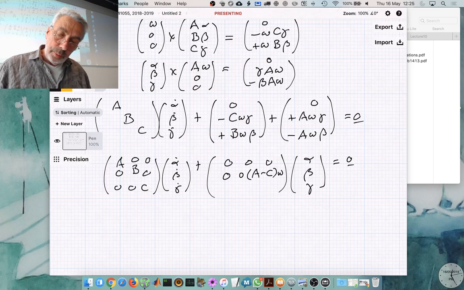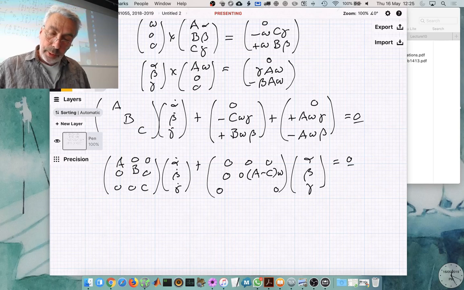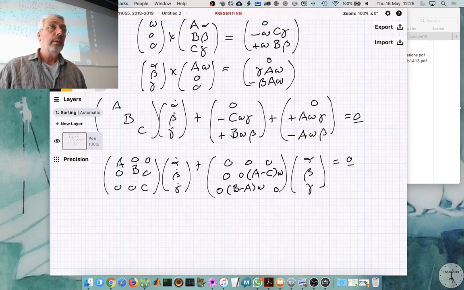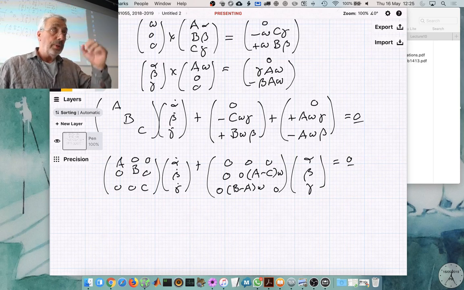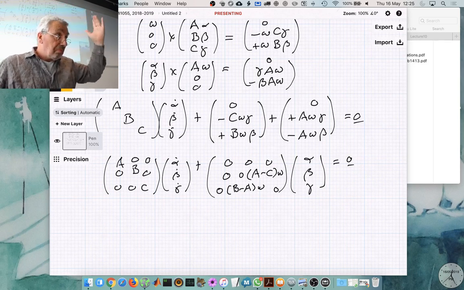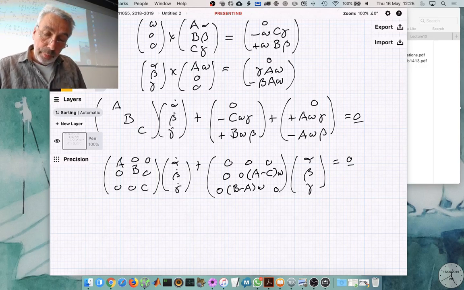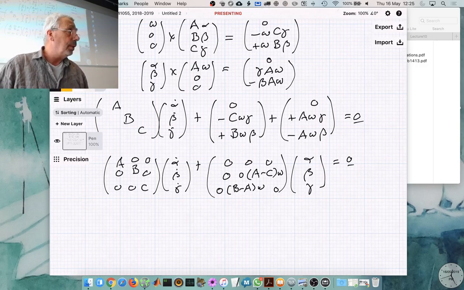And then the last one only has something with beta. So this is a 0 and that is a 0. And then it's B minus A omega. So a lot of zeros here and only these off-diagonal terms, which are not symmetric, just A minus C and B minus A times omega, of course.